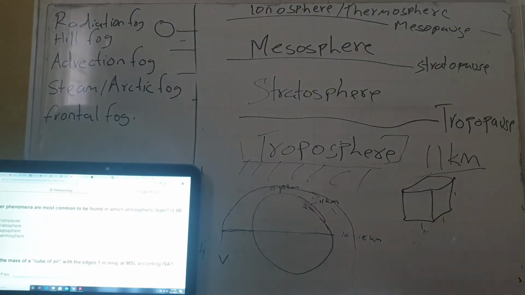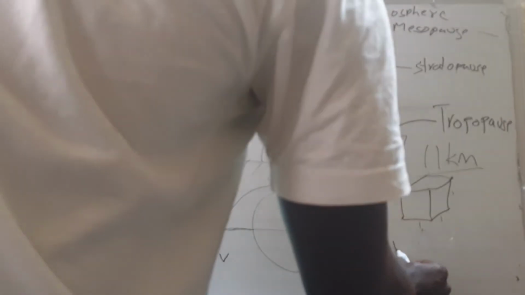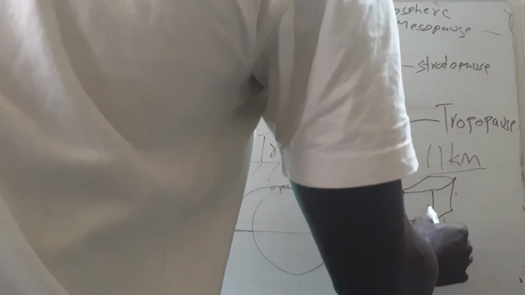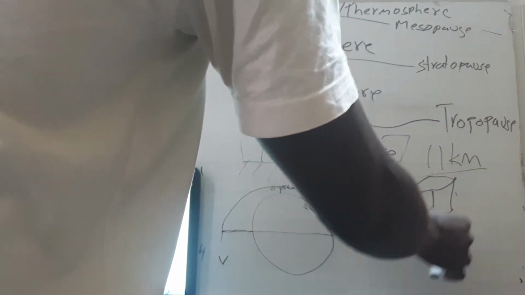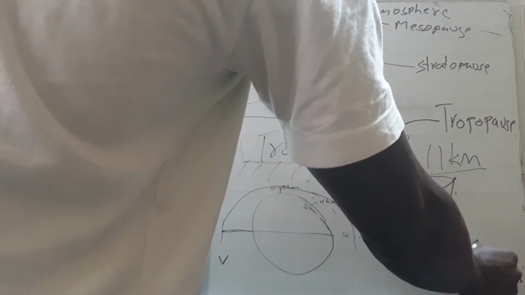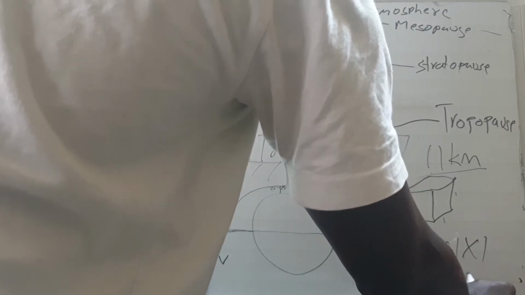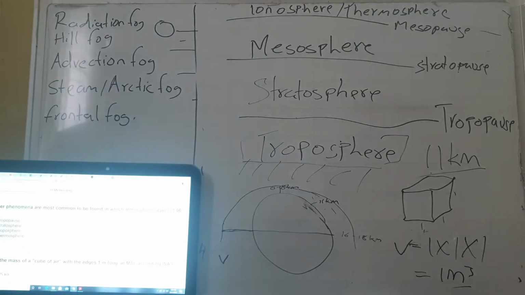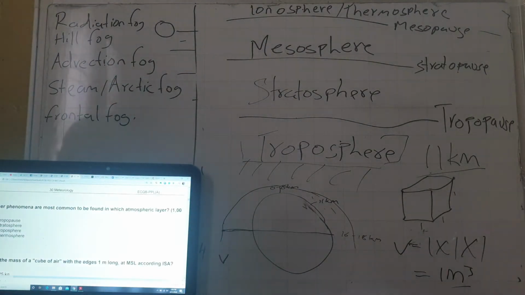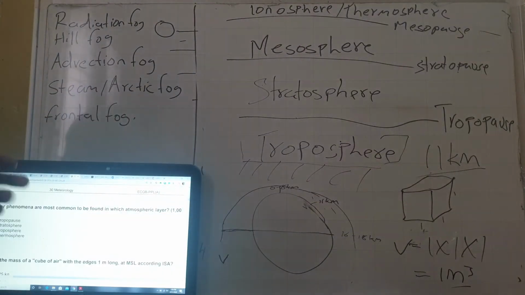You remember from high school that the volume is length times width times height, which is 1 times 1 times 1, which gives you 1 cubic meter. And then this guy is asking, what is the mass of a cube of air that has those dimensions in accordance with ISA?